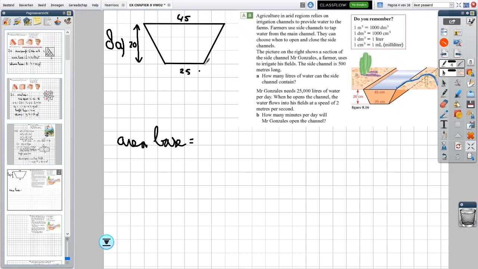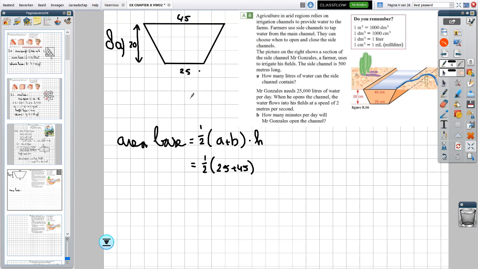That's absolutely fine. But I see that this is a trapezium, and a trapezium has this formula, right? Half times a plus b times height. And then a plus b were the two parallel sides, so I can do 25 plus 45.